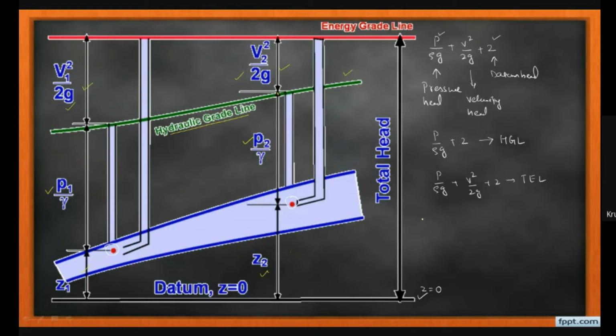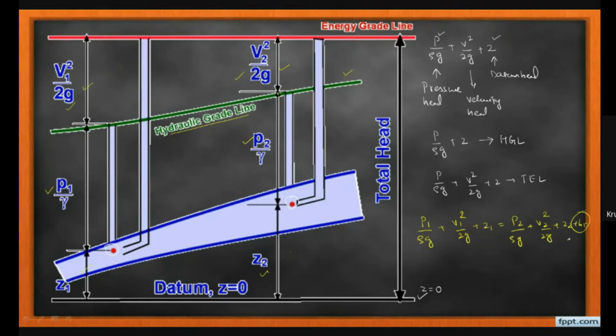Otherwise, students, if you remember the formula, P1 by rho g plus V1 square by 2g plus Z1 equals P2 by rho g plus V2 square by 2g plus Z2 plus HF.